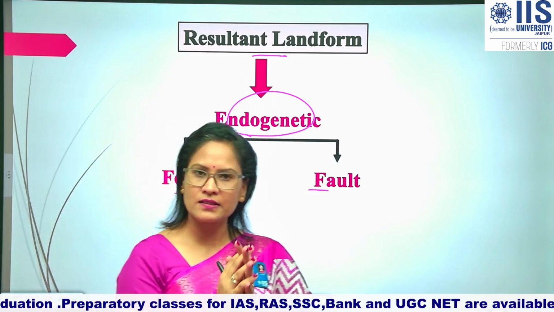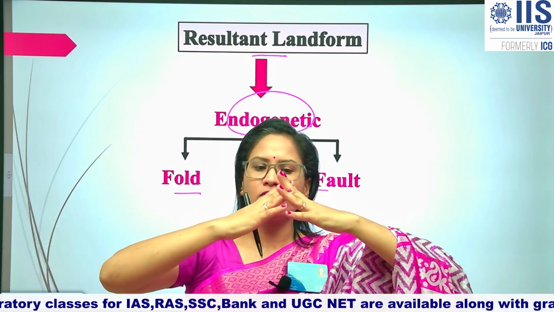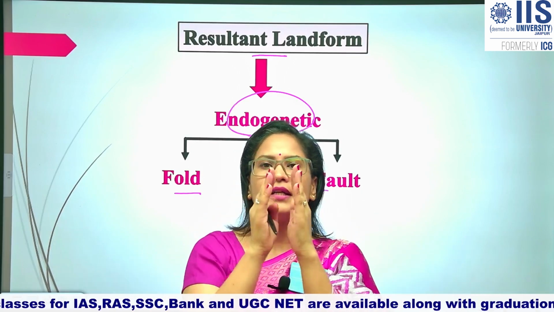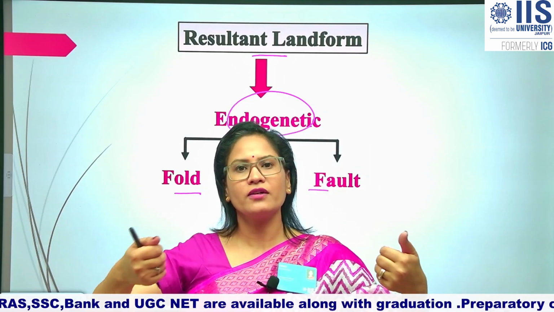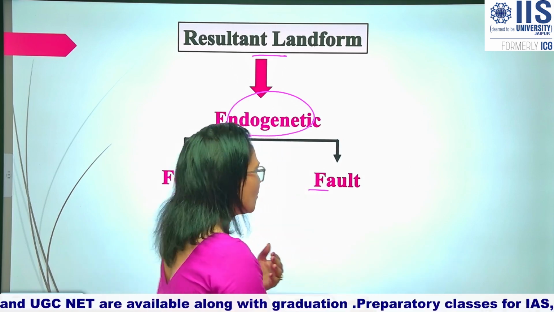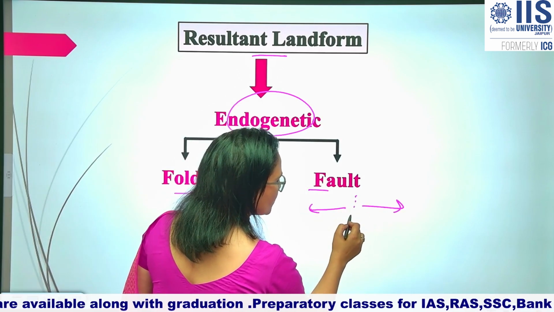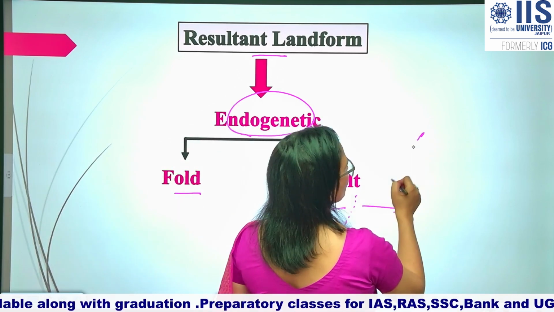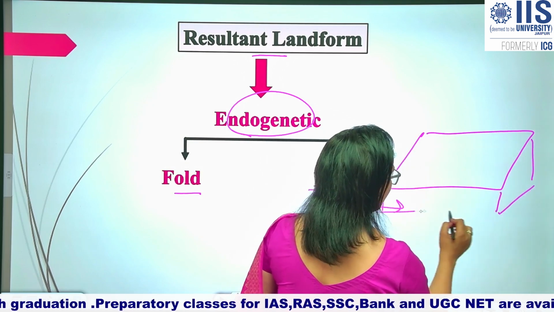Folds: simply when the plates are moving towards each other, then the crust will be crumpled, and it will be known as a fold. But if the forces are moving apart from each other, then there will be tension, and so we can say that because of the tensional force, faults are formed. You can understand by this part, right?